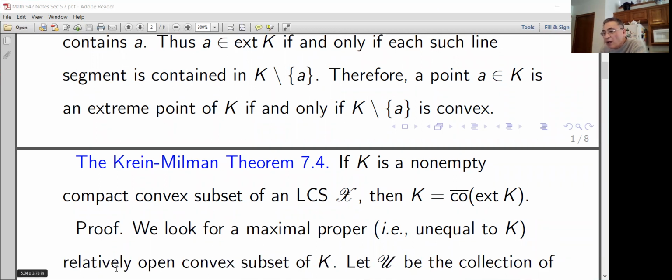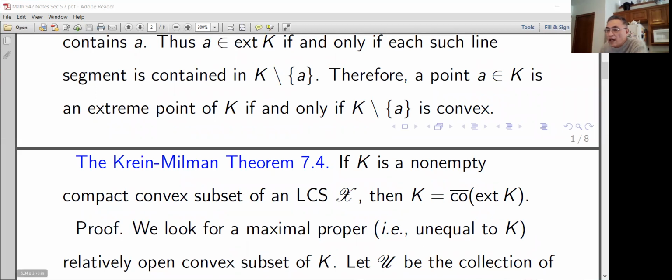This relatively open means open subset of K if we consider K as a topological space. If a subset is contained in K, then when we say open, that is the same as relatively open.